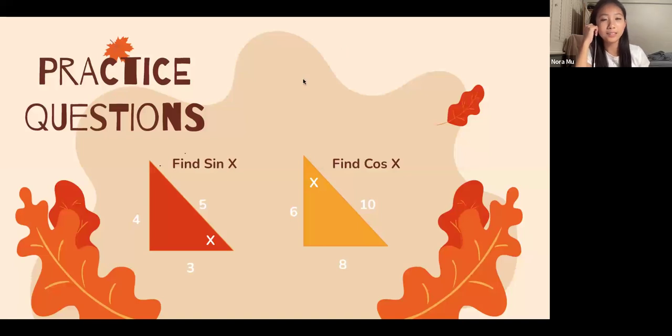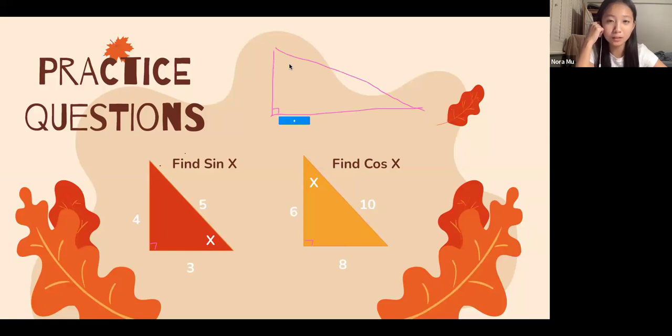So here we have some practice questions to find sine and cosine. Remember that sine is opposite over hypotenuse and cosine is adjacent over hypotenuse.